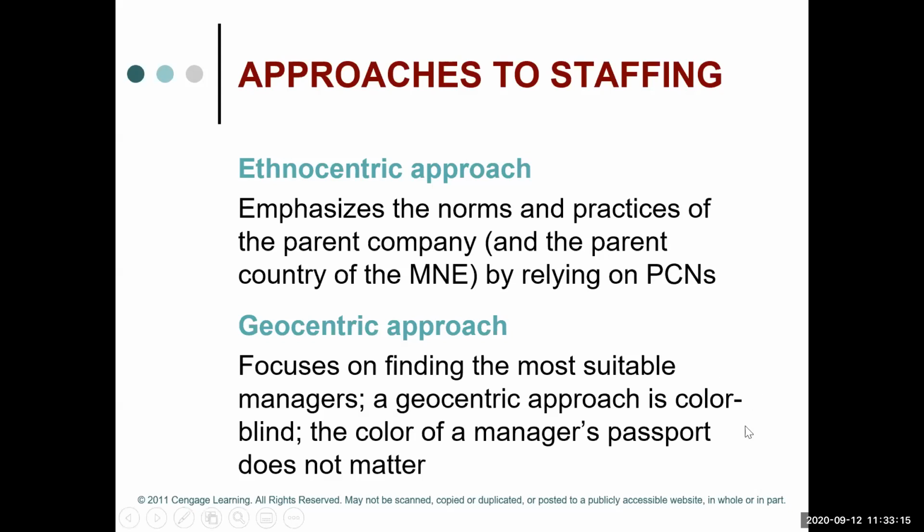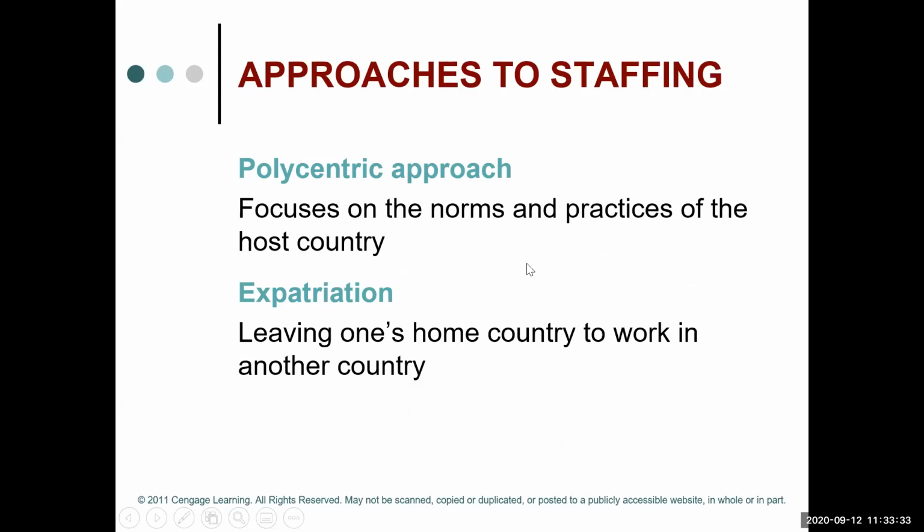Geocentric is relatively localized. A geocentric approach is colorblind because it doesn't matter which country you belong to or which passport you have. You really don't care where the talent is located; you just need the right talent. So that's relatively more autonomous.